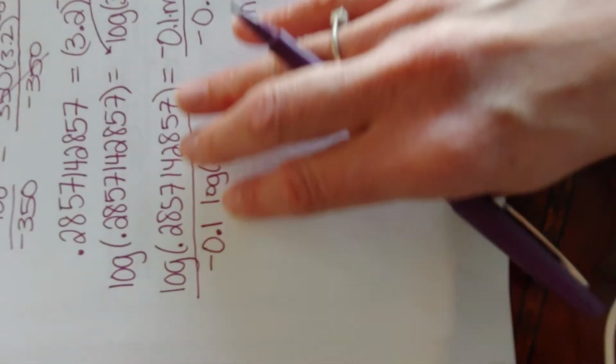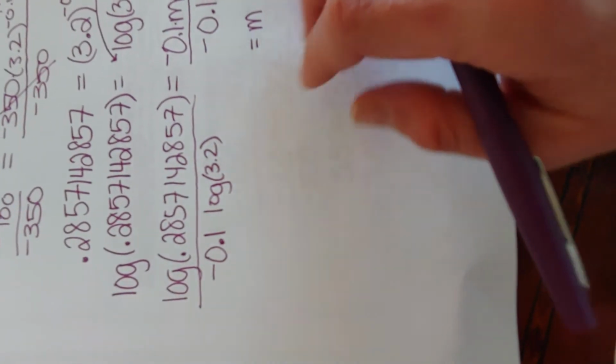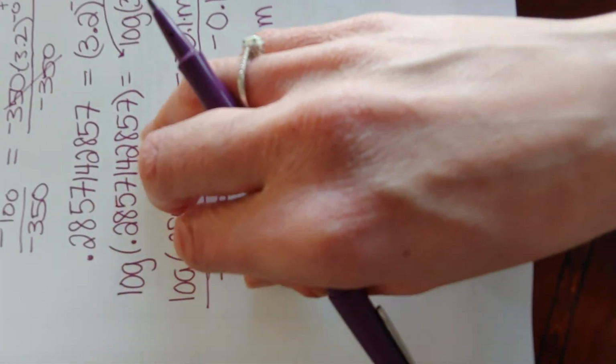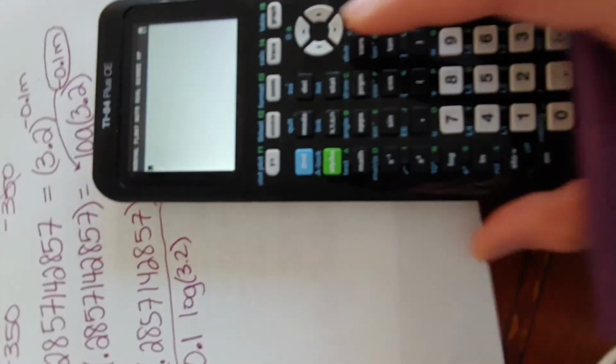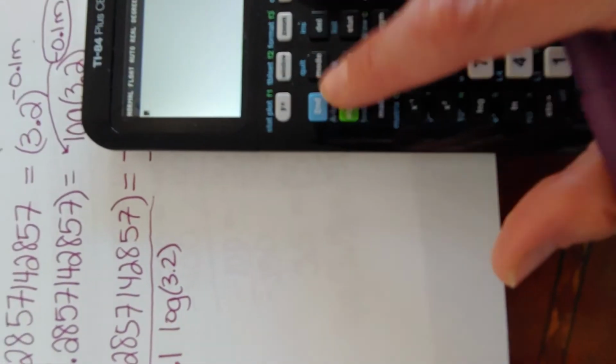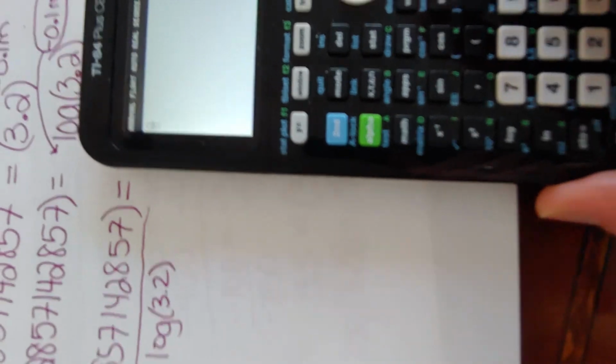All right, so now, although this looks super scary, this is just a numerical value. I could type this into my calculator because there is no variable on this side. So I'm going to go to my calculator and I'm going to type it in exactly how I see it. I'm going to press alpha y equals. I'm going to make a fraction.